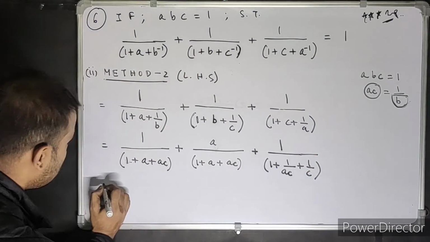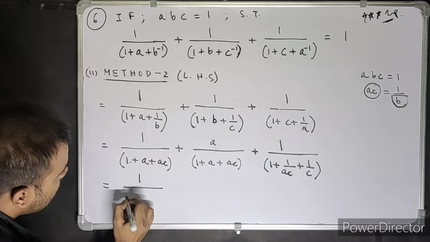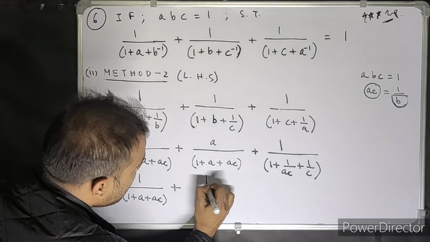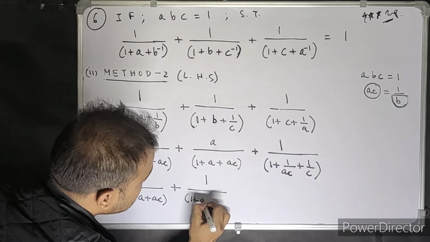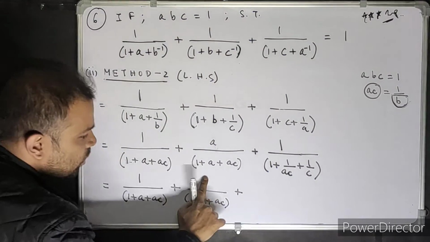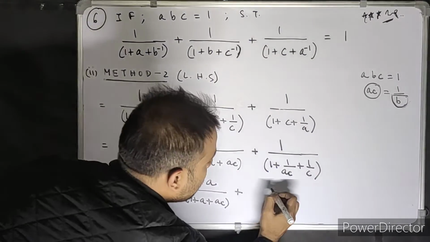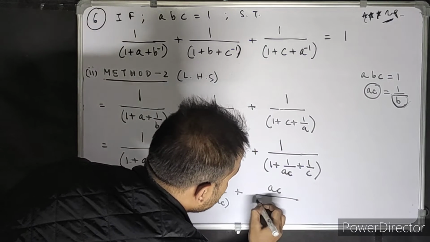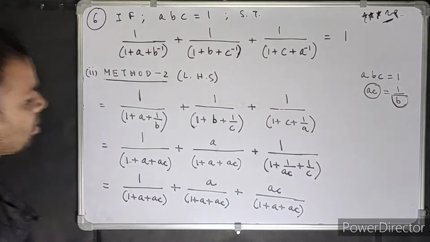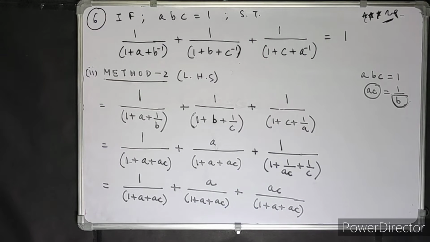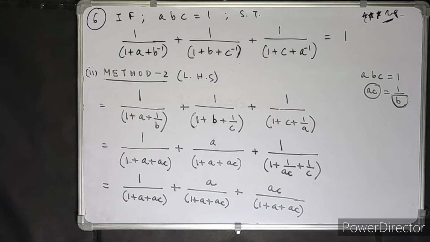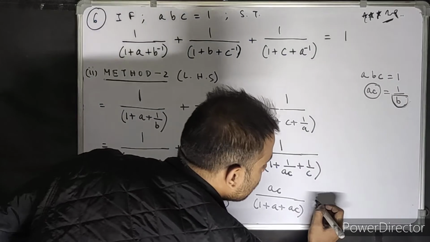So the next step is what? 1 by 1 plus A plus AC plus 1 divided by 1 plus A plus AC plus, this was A. Okay. Now AC divided by 1 plus A plus AC. Look, same thing we did in part 1 and the same thing we are going to do for part 2 also.